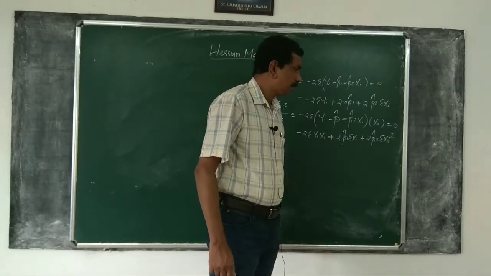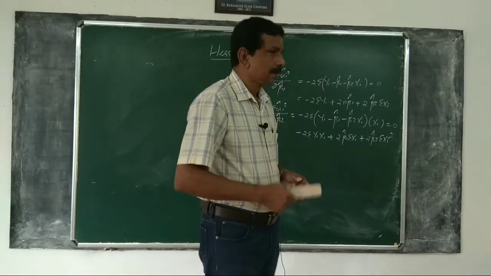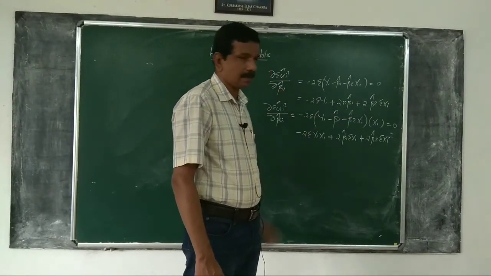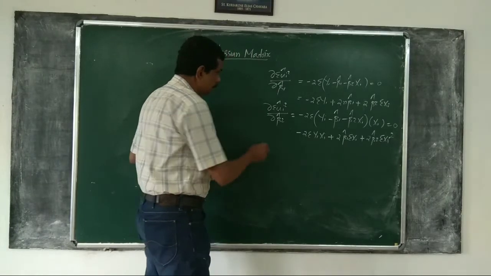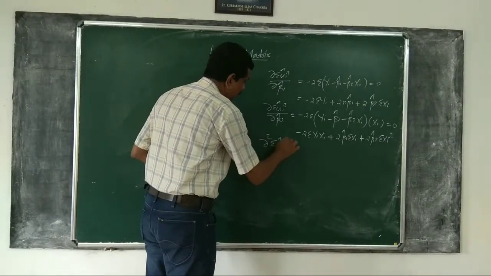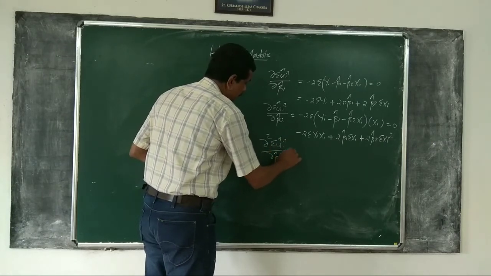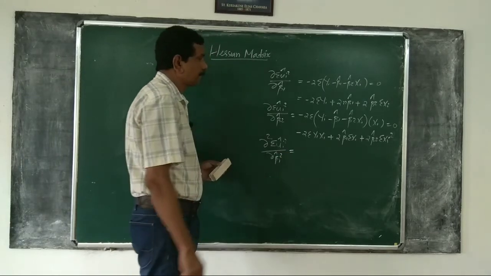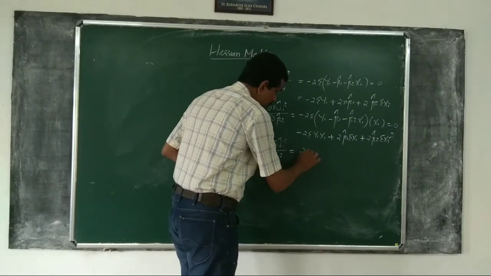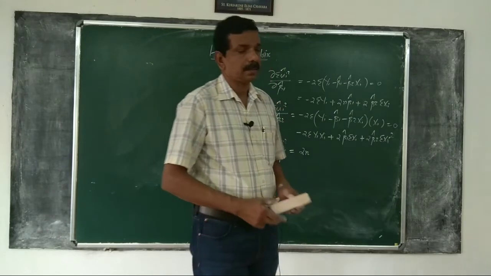2 into beta 2 hat sigma xi square. Now, if you take the second partial derivative, that is ∂² sigma u hat i square with respect to ∂ beta 1 hat square, the quantity is 2n.